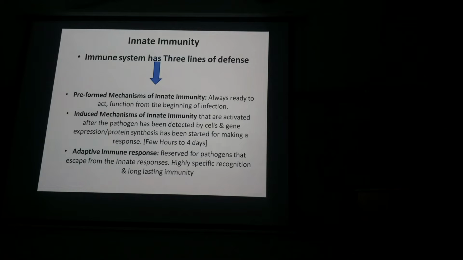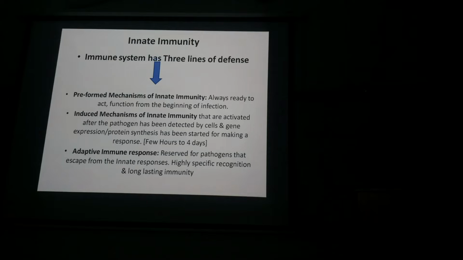by adaptive immune responses. Okay, so the adaptive immune response is very flexible. It is highly specific recognition, as you know, and the immunity or protection which is generated in your body is also long lasting. Sometimes this kind of immunity can persist for lifelong. Okay, we call it lifelong immunity in some infections.